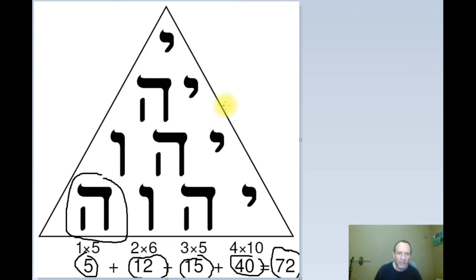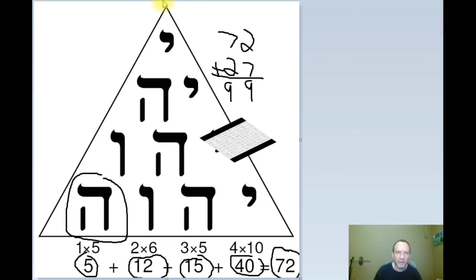That's not good at all. But he does have 72 names, and the value of this triangle is 72. And we're going to see that 72 plus 27, which is the value for the name of Jesus, equals 99, which has the same value as Jesus. He died on the cross using the English septenary cipher.